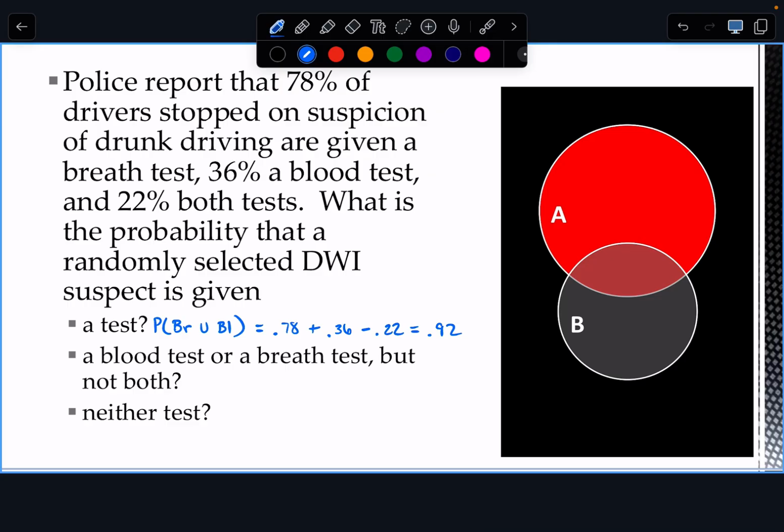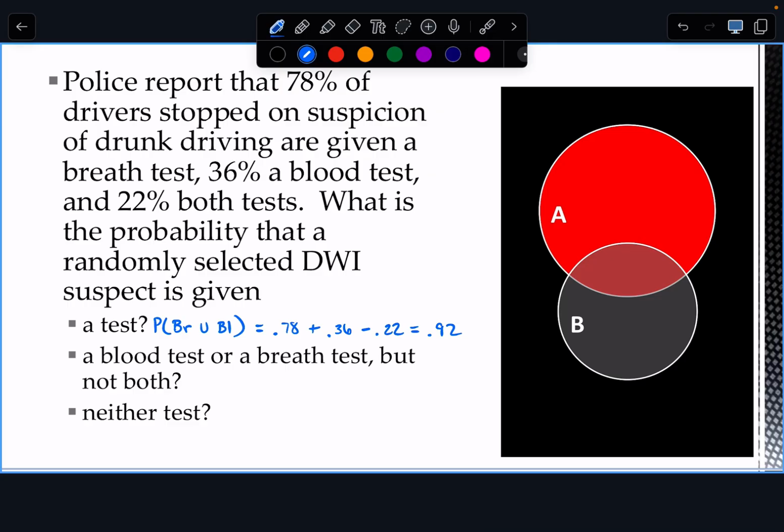Now, if I want to look at blood test or breath test, but not both, what would I have to do? Okay, the blank stares tell me there's the problem. This one's not as easy to attack head on.